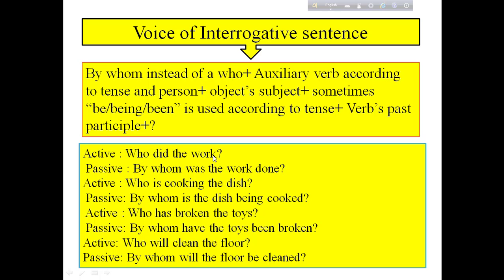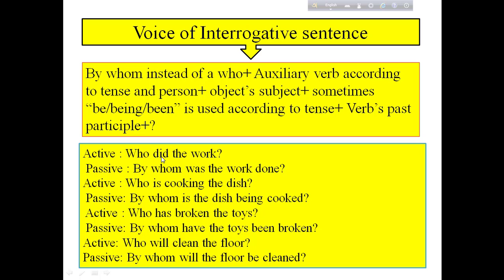Who did the work? Dear students, if you find who in an active voice, then you have to write by whom instead of who. Then was, I mean auxiliary verb according to tense and person.